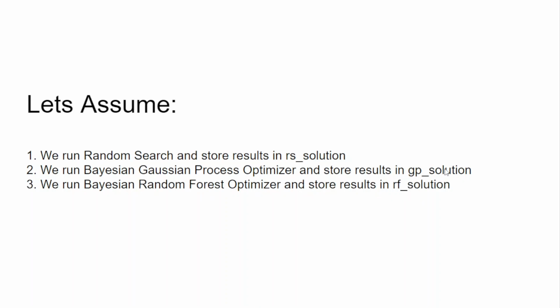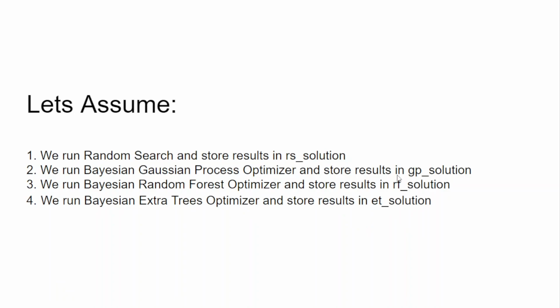And I'm also going to run a random forest specific Bayesian and store the results in RF solution. I'll show you how to store these, but right now just know that I have done that work. Extra trees optimizer. So I have taken all 4 available optimization techniques for surrogate modeling, and I'm storing each in one particular variable.